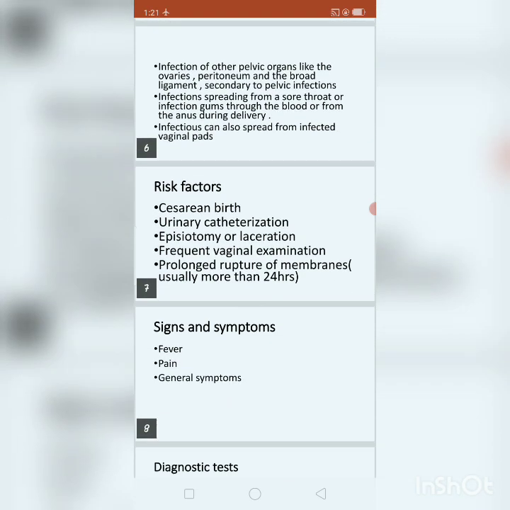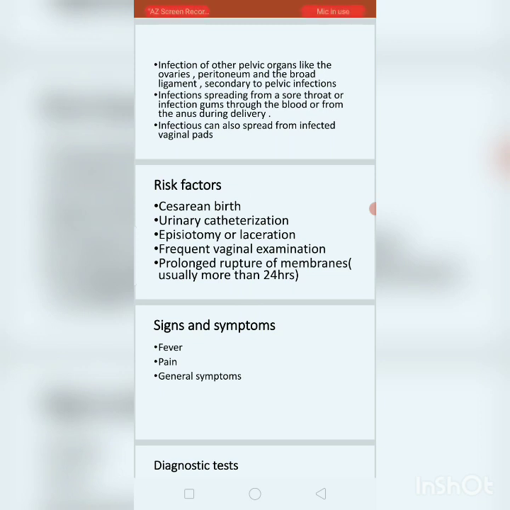The risk factors are cesarean section, urinary catheterization, and episiotomy. The signs and symptoms of this disease are fever, pain, and general symptoms like vomiting, nausea, and loss of appetite, etc.